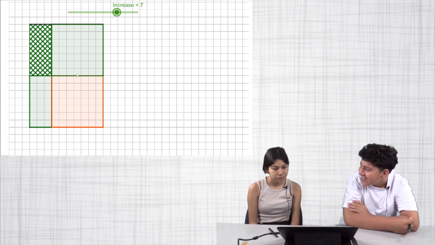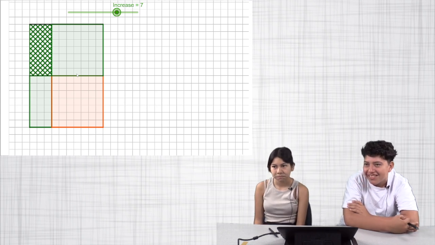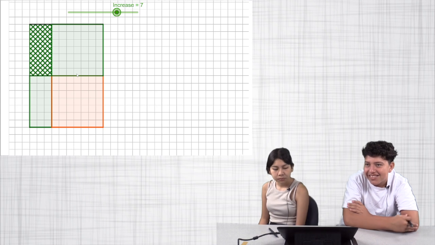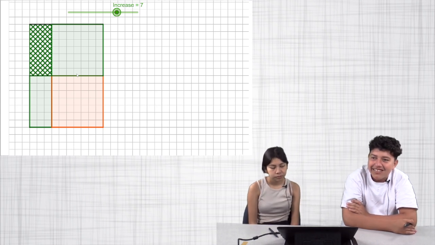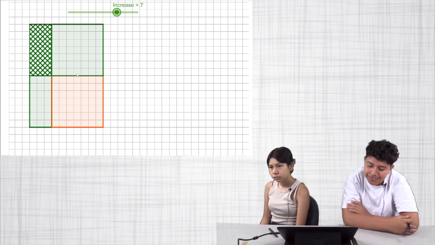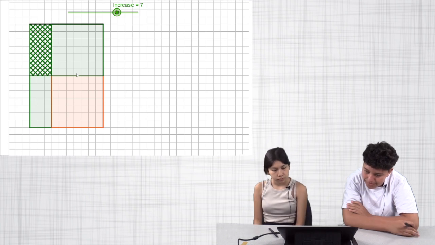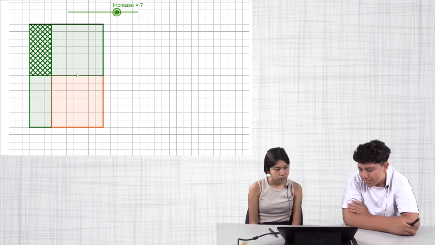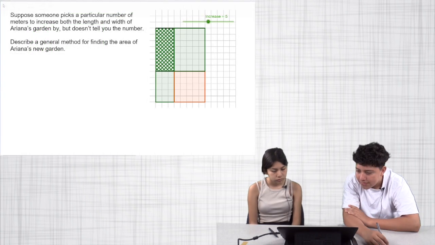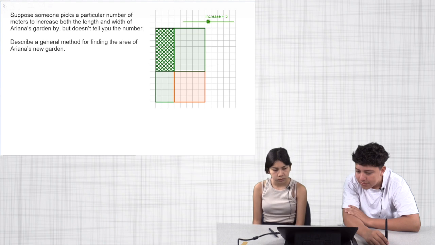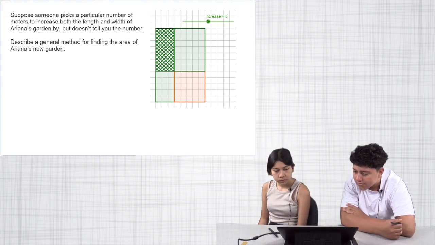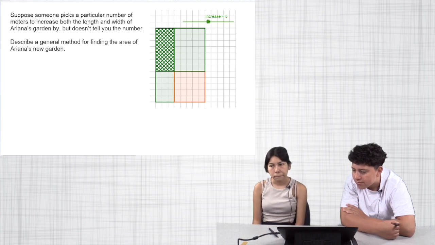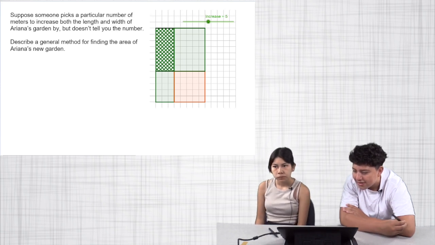Before we write an equation, we're just going to try it verbally. I put a picture of an image with the increase of 5, but I'm going to pick a different number than 5 or 7, and I'm going to write it down.